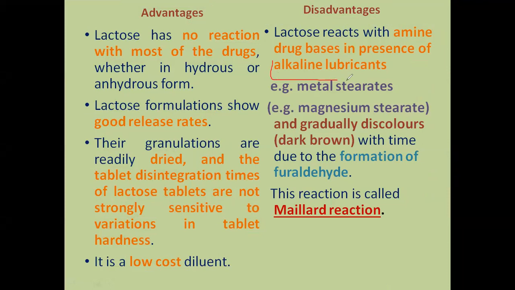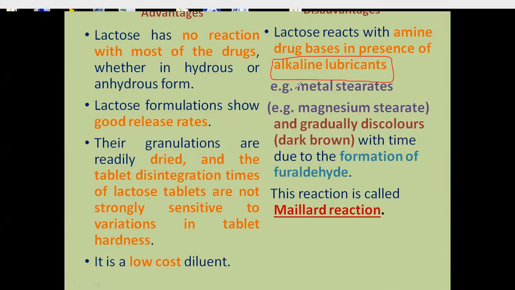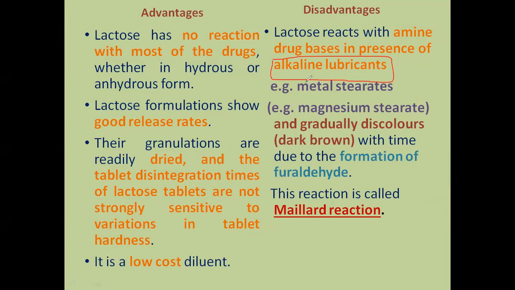you have alkali or alkaline lubricants. So when you are going to use lubricants such as magnesium stearate, which is an example of a metal stearate, it will lead to the gradual discoloration of the powder blend or the tablet. It means what will happen?